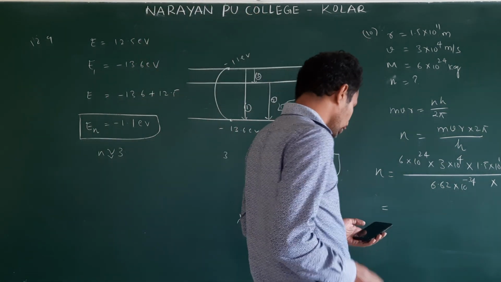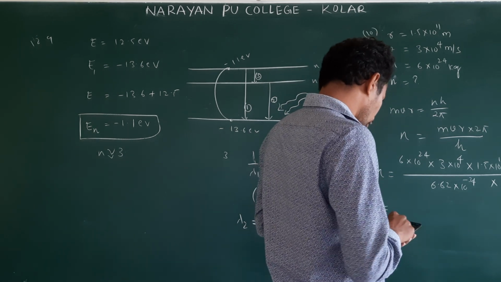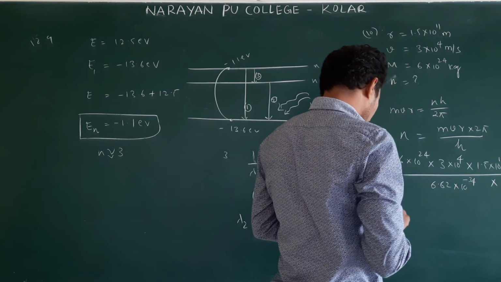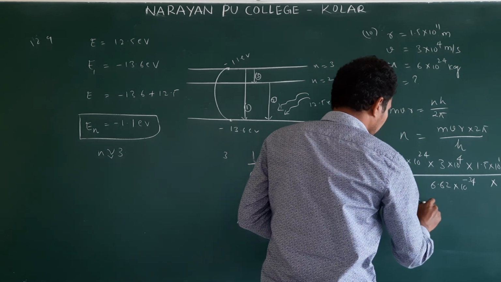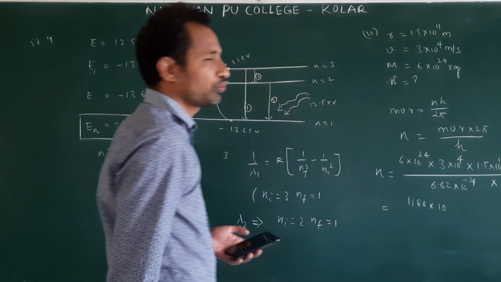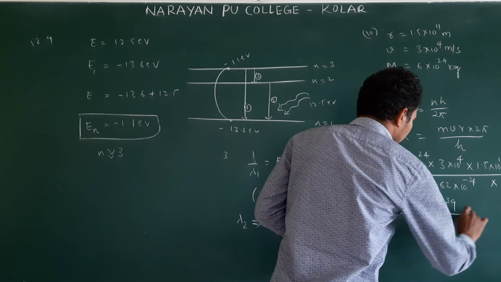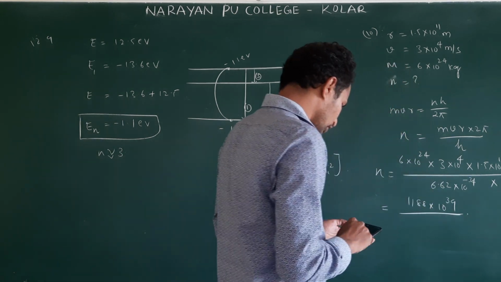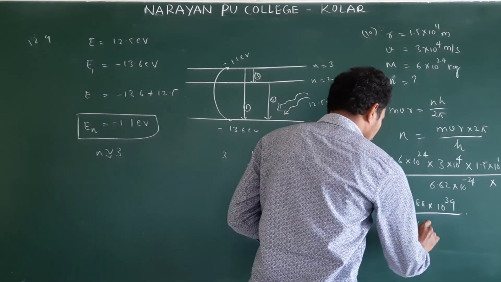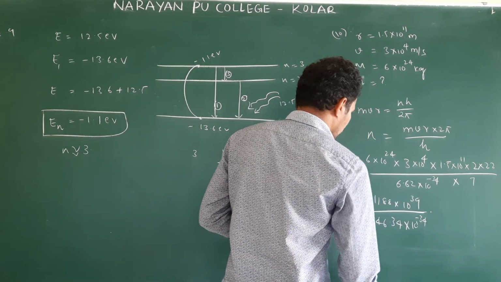Numerator and denominator, first we do the products. 6 into 3 into 1.5 into 2 into 22 is 1188, into 10 power 24 plus 4 plus 11, that is 39. Right? Now the denominator is 6.62 into 7, 46.34 into 10 power minus 34.